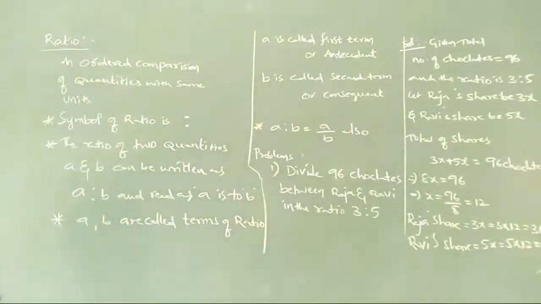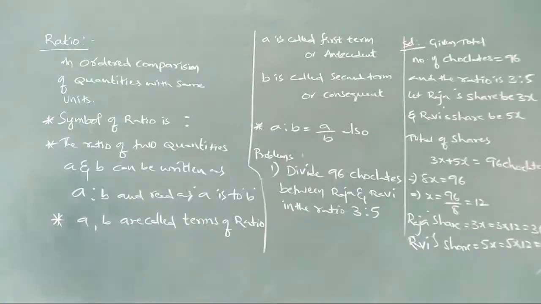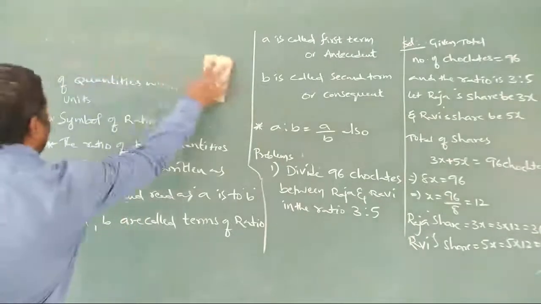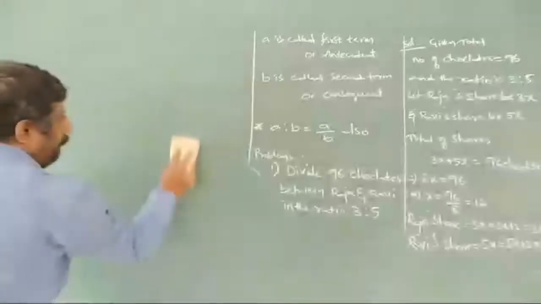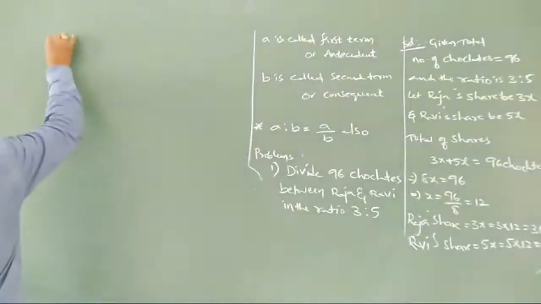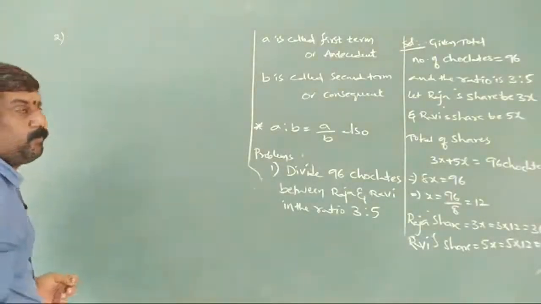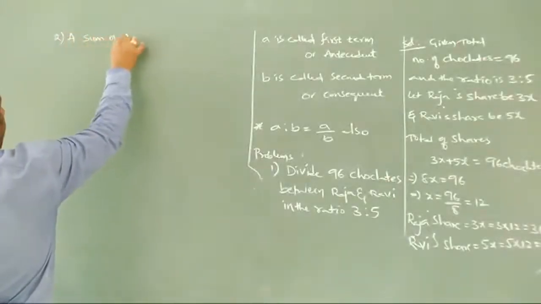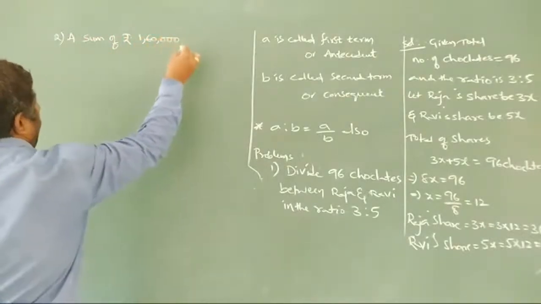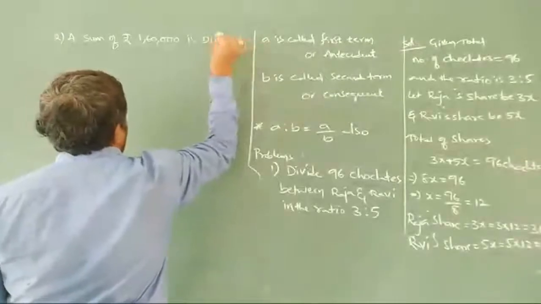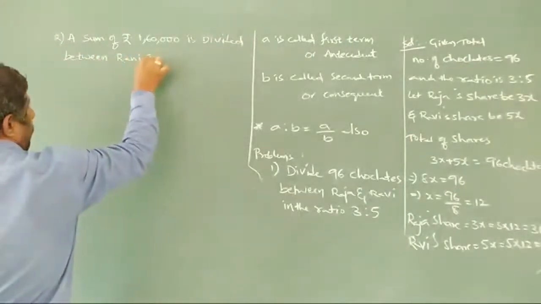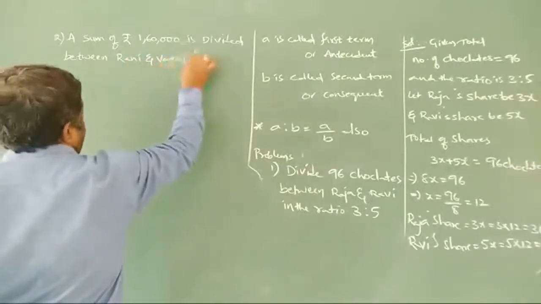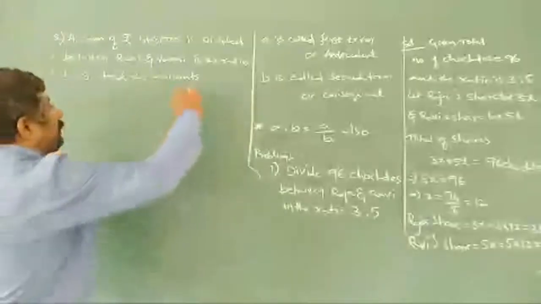One more problem we'll see here. And Vani in the ratio 5:3.